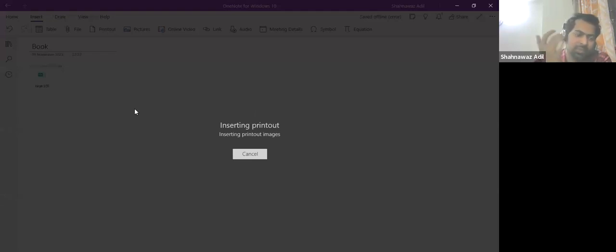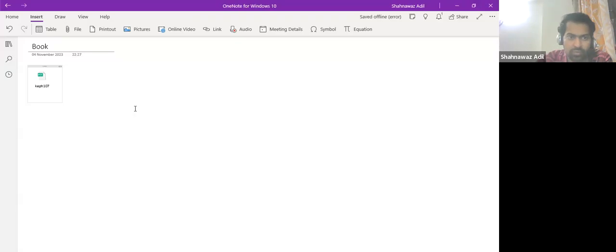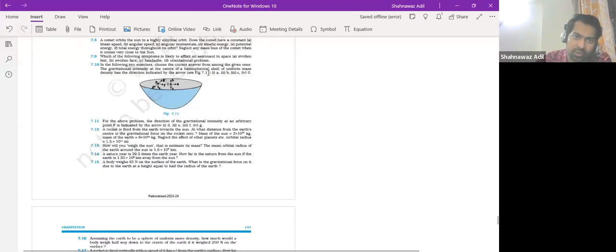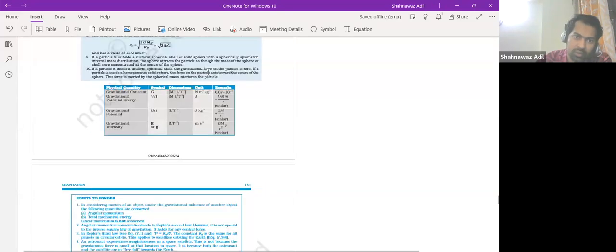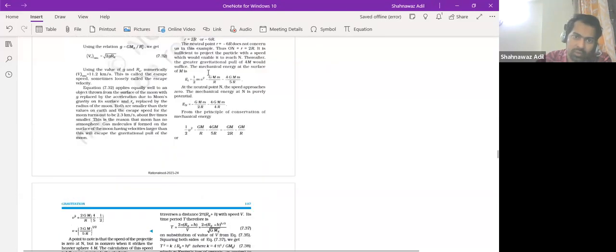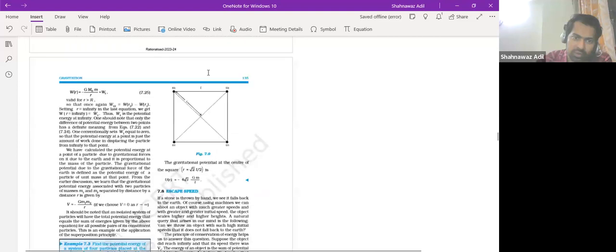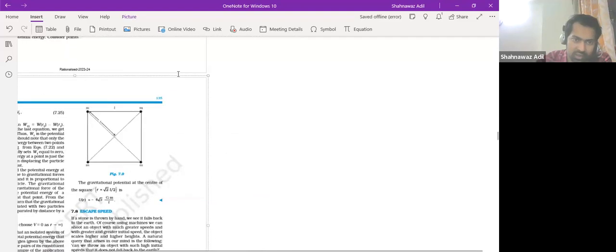If we do this problem, then this potential energy will be very much. Yeah, so this is the equation, right?